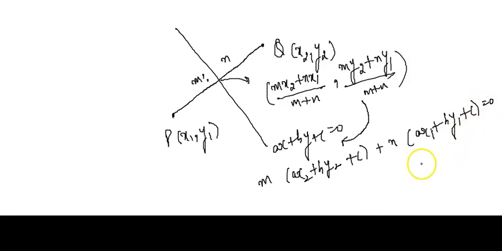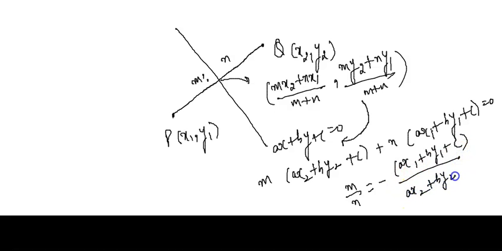Okay, that means m/n, if you calculate m/n out of it, it will be minus (ax1 + by1 + c)/(ax2 + by2 + c).